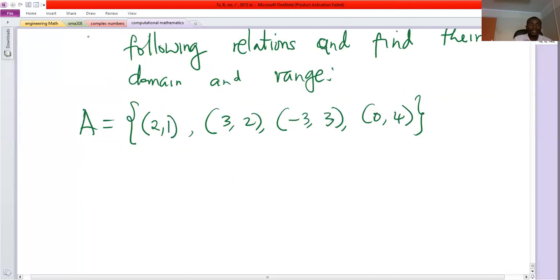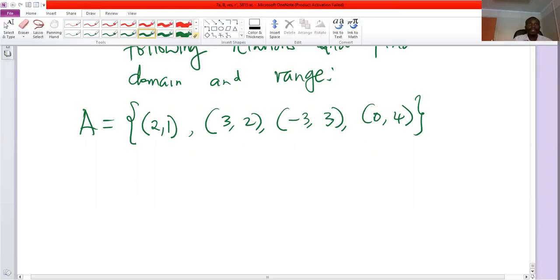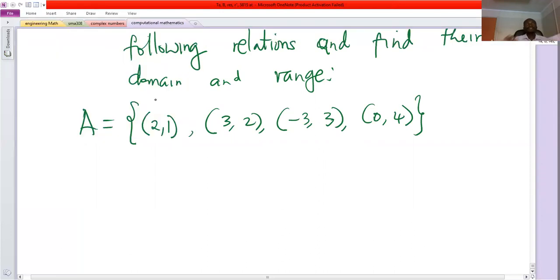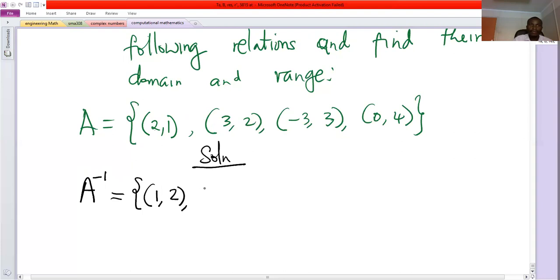To get the inverse of a relation is a very easy exercise. What happens is that all the second members become the first members of the pairs, and first members become the second members of the pairs. So for this case, the inverse of A will be given by: this is (2, 1), so the element becomes (1, 2).